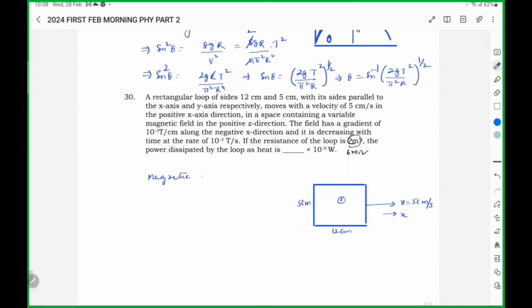Magnetic field is positive z direction, so out of the plane. So I'll denote with k direction. Velocity I can write it as 5i.